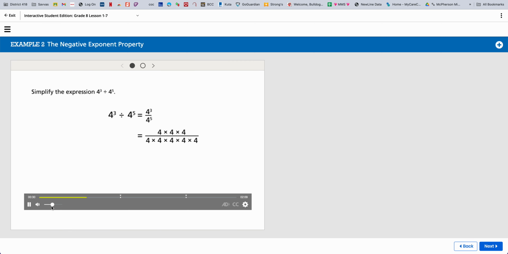To simplify the fraction, remember that 4 fourths is equal to 1. The fraction is equal to 1 divided by 4 times 4, or 1/16. So, 4 to the third power divided by 4 to the fifth power is equal to 1/16.